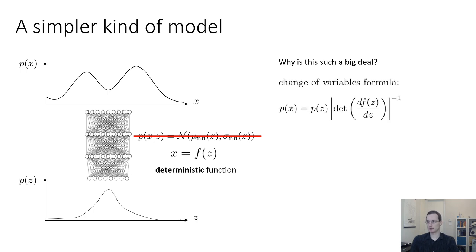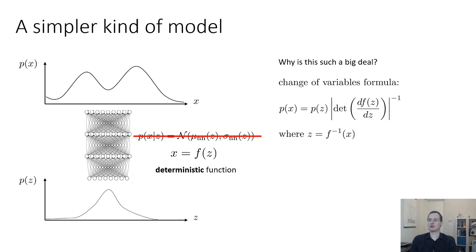So the change of variables formula says that if x is a deterministic function of z, then p of x is equal to p of z times the inverse of the determinant of df dz, where z is given by f inverse of x.